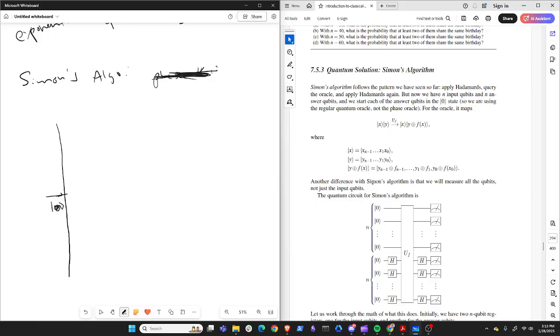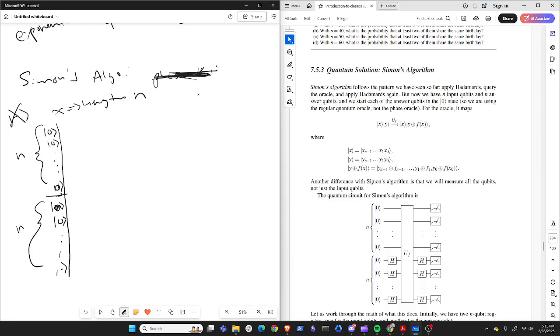So x, our binary string x, has length n, and we'll have n input qubits and n answer qubits. And these will start off in the z basis instead of getting flipped in there. So they're not flipped into minus this time. So we're using a normal quantum oracle here instead of the phase oracle.